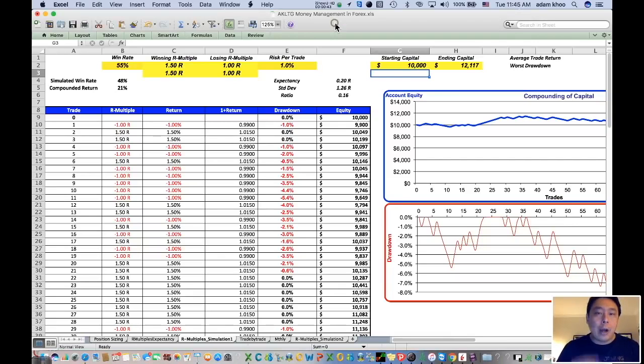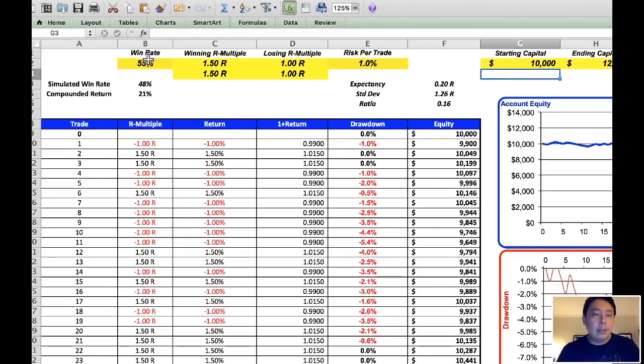Okay, so I'm going to show you how it works, and basically this uses an Excel random number generator. So what you want to do is key in the boxes in yellow, and you'll compute the different outcomes you can expect. Right. So the first thing is to key in your win rate.